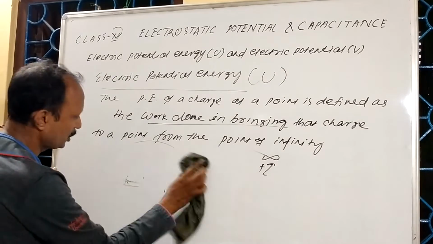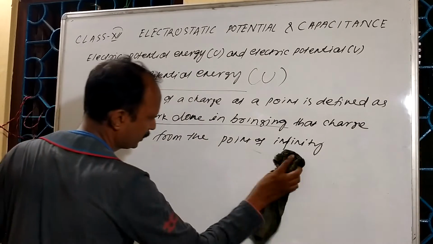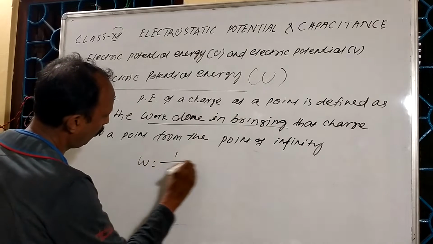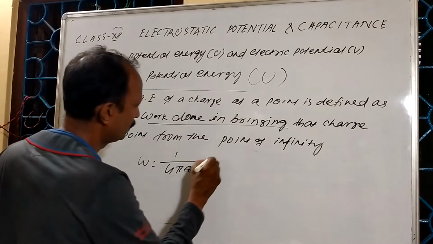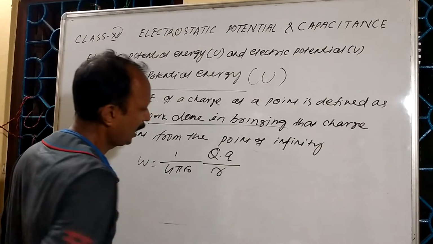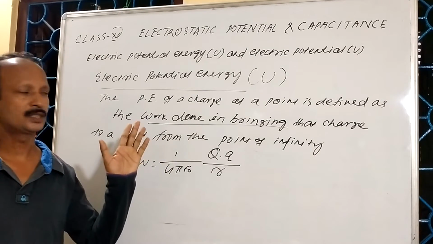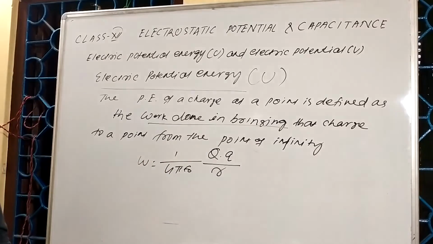potential energy. Mathematically, I can write that this W is equal to 1 upon 4 pi epsilon naught, Q into q, divided by r. Listen carefully. This capital Q is the source charge. This small q is the test charge.